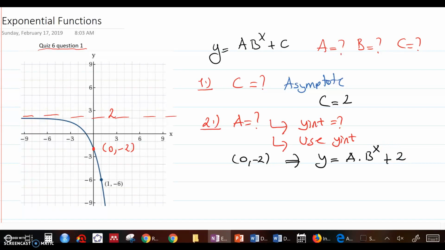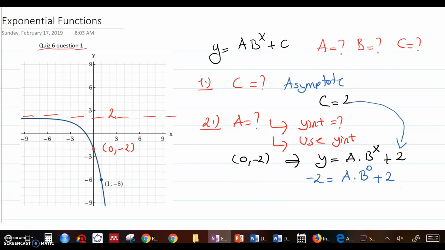Now I need to interject that c value there because I found it. So x will be 0, y will be -2. Let's plug in: -2 equals a, b to the power 0, plus 2. I'm just placing into these blue equations whatever I know.